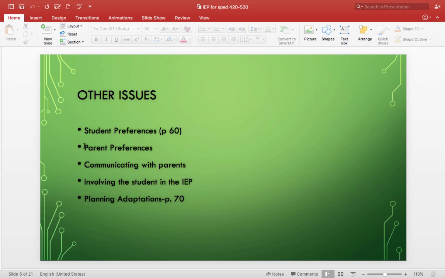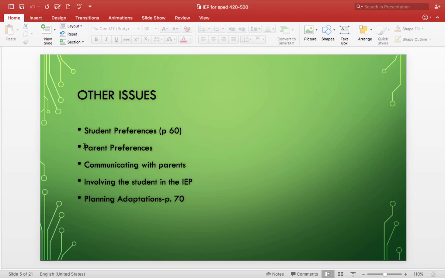And again, like I've said earlier, the earlier we can get students into the IEP process, not just receiving from the IEP process, but actually interacting and helping with that process, the more they are going to be able to manage things for themselves.